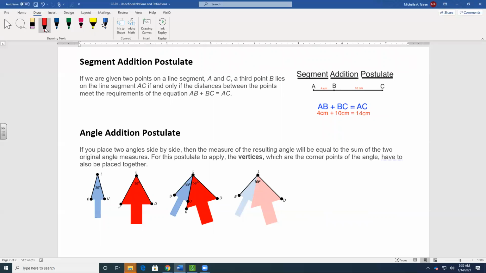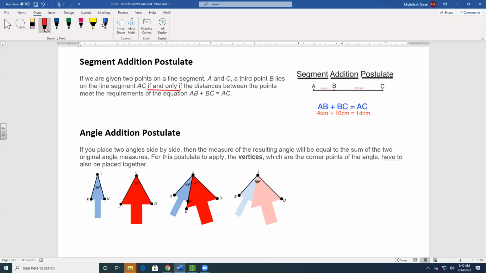So this is true if and only if. If and only if statements, I can read them backwards and forwards and they still have to be true. So if and only if the distances between the points meet the requirements of the equation AB plus BC equals AC.